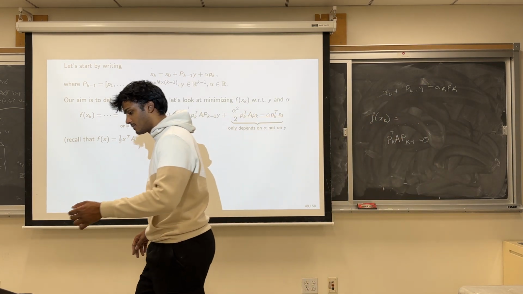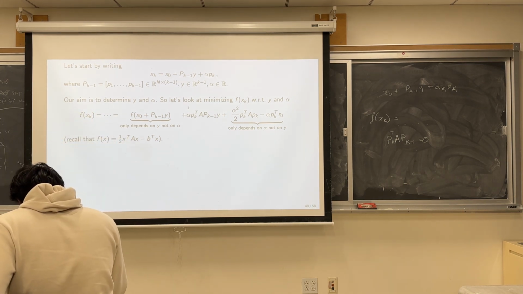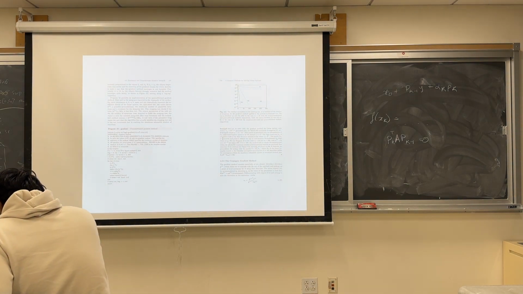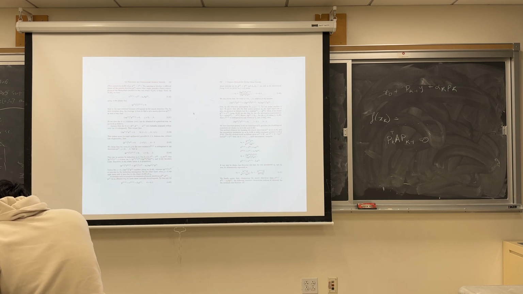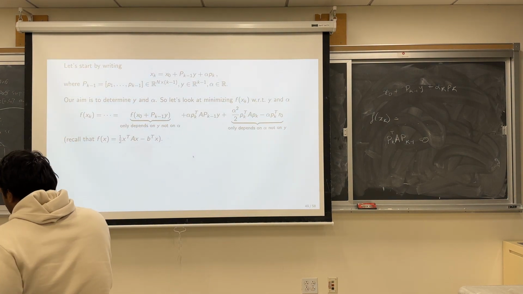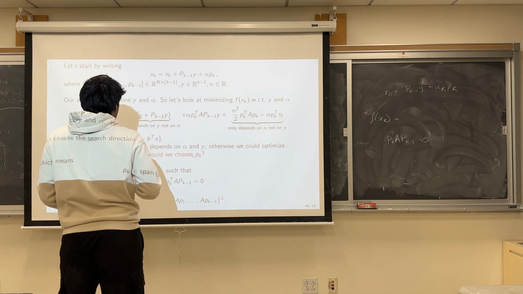What that means is that I choose a conjugate, my newest direction. This is the strategy: the left hand term depends only on y and not on alpha.